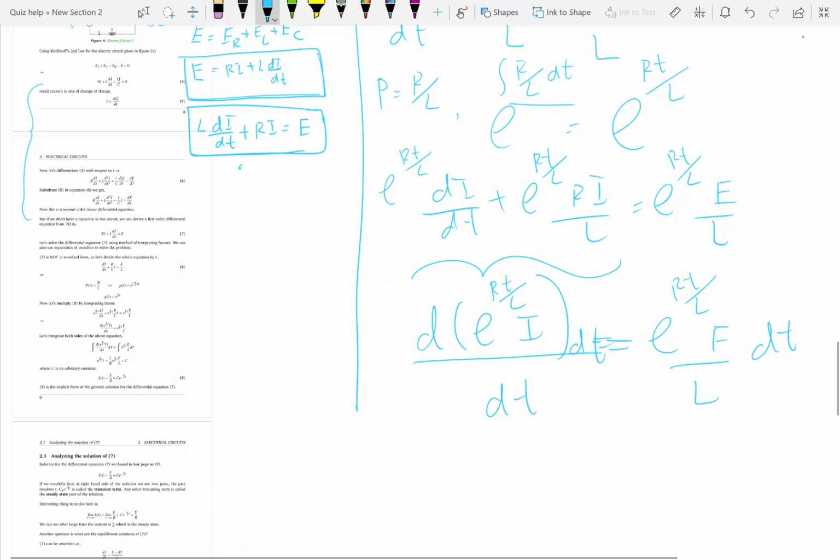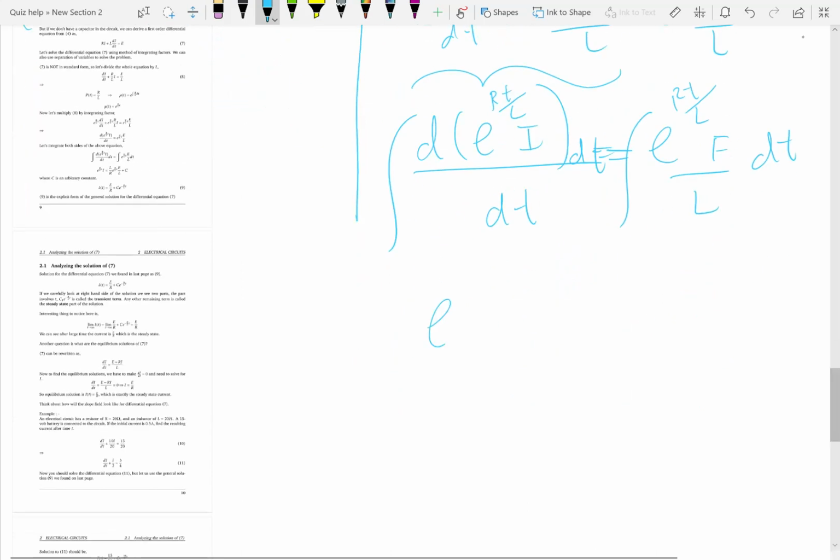Now if you integrate, the left hand side turns out to be the integrating factor times I, and on the right hand side E over L is a constant, so let's take it out. If you integrate e to the 2x, what you get is e to the 2x over 2.